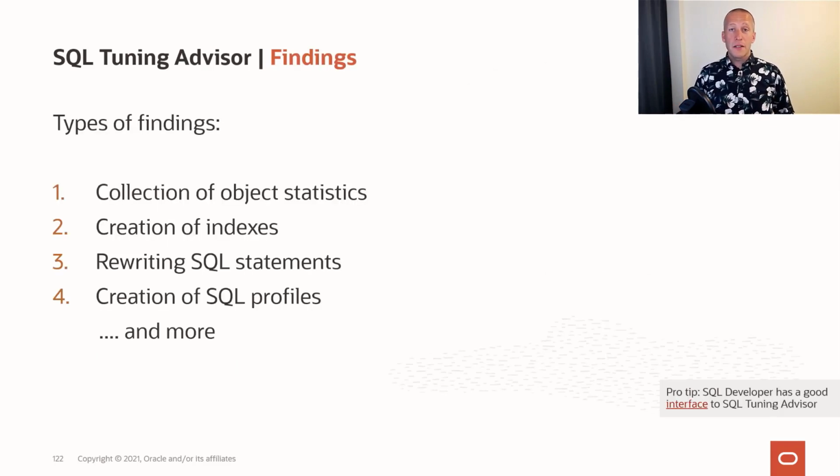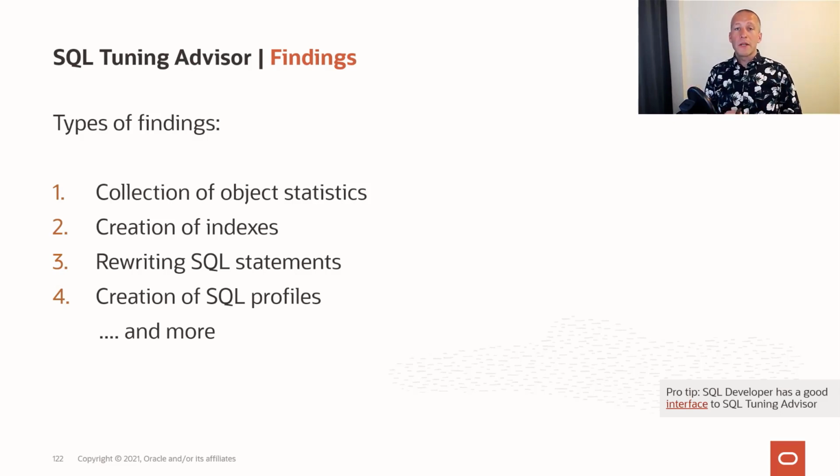Some of the things that can come out of the SQL Tuning Advisor is, for instance, to gather optimized statistics or gather them in a different way, for instance, using extended statistics. It could also be that you need to create indexes, but a SQL Tuning Advisor looks at one specific query only. So even though it might recommend creating an index, you need a more holistic view to determine whether or not that's really a good idea.